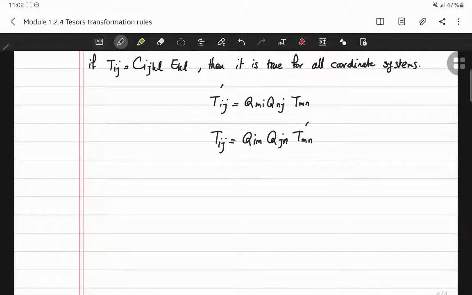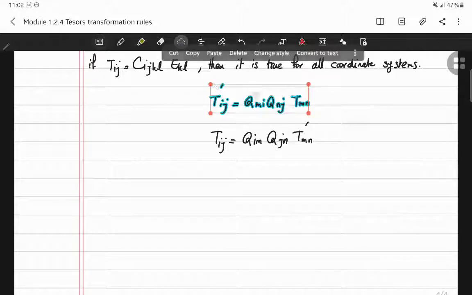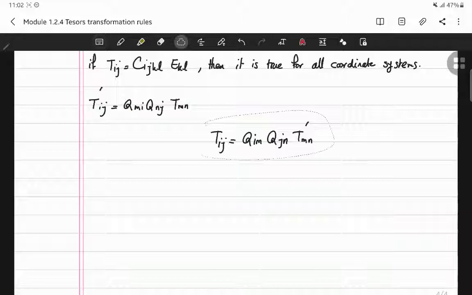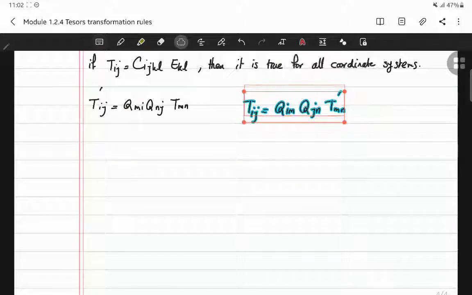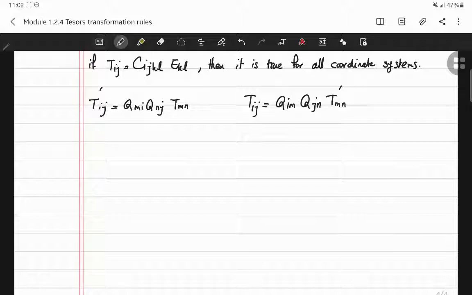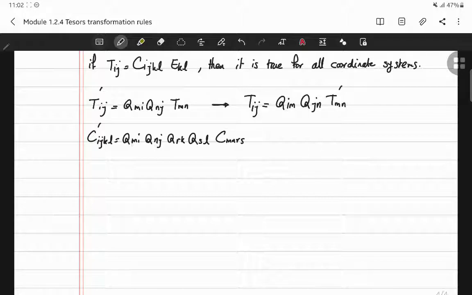So we also have, let me just move these in line. Right. So if we write the same for C prime ijkl, we had Qmi Qnj Qrk Qsl Cmnrs, because these are the dummy indices, so they do not appear here on the left hand side.